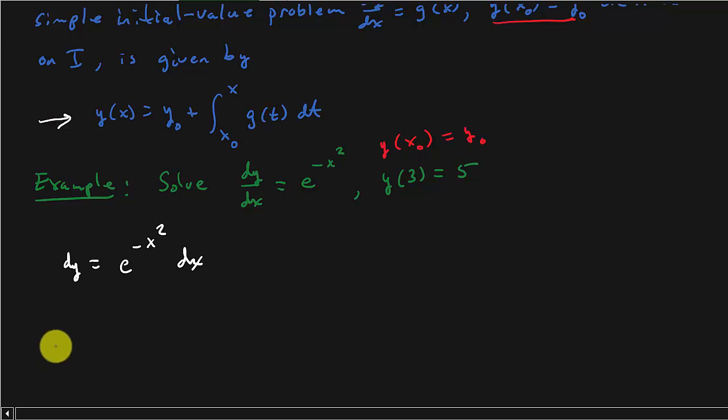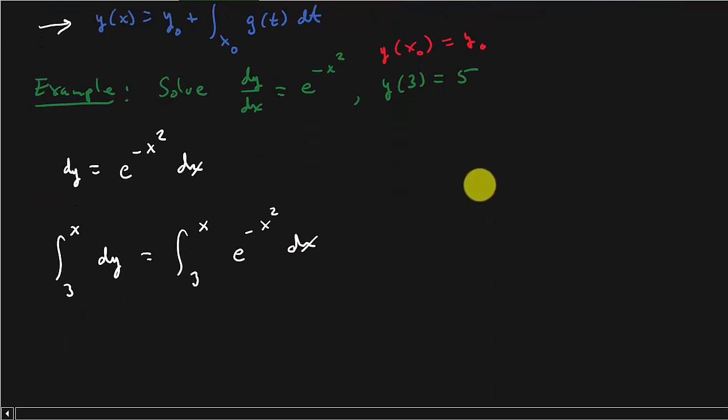So we're going to use this, okay? So I've got the integral dy, and we're going to go from x0 to x, right? We're going from x0 to x. That is equal to the integral from 3 to x of e to the negative x squared dx. Oh, I'm sorry.